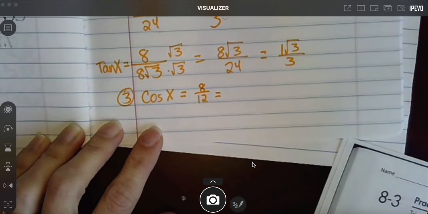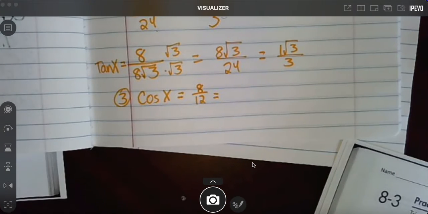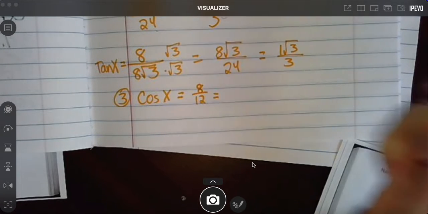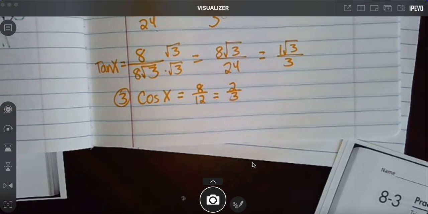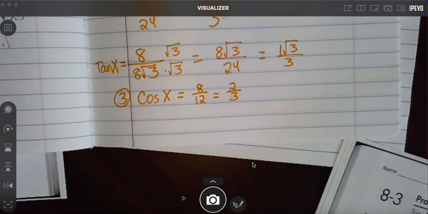And then you can reduce that, right? You can put it in your calculator to reduce it and press math enter, or divide them both by what number? 4. So what do we get? 2/3. And that's your answer. It's a ratio. That's a trig ratio. How do we feel about these?